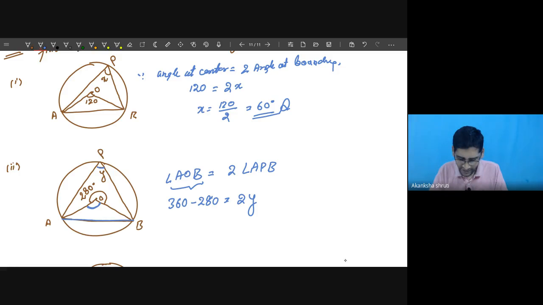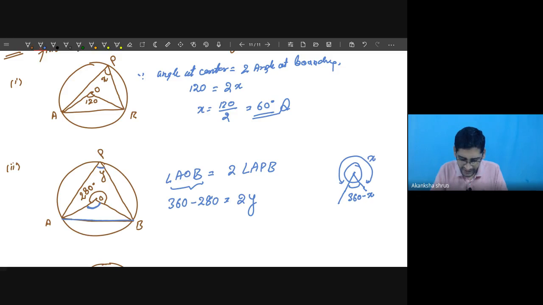Are you getting how I have written? Because at any point the total angle is 360. If this angle is given as x, then this angle can be calculated by 360 minus x, irrespective of whichever appears bigger. So the bigger angle is given here, 280.